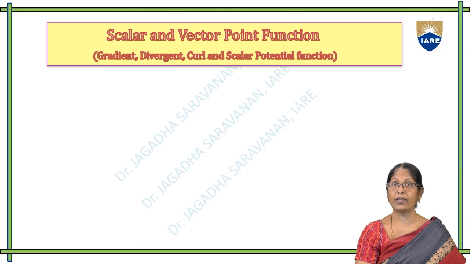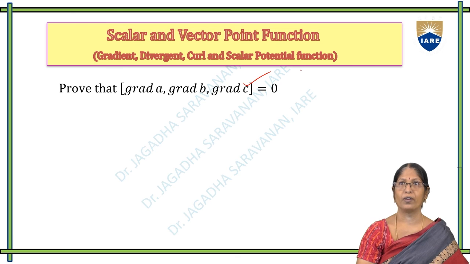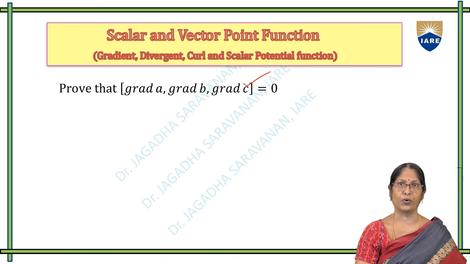What they are asking us to do is prove that gradient A, gradient B, gradient C, in vector form, is equal to 0. This we have to prove.